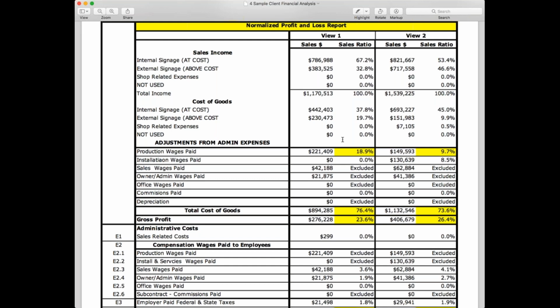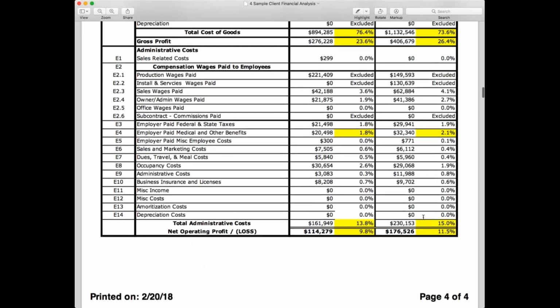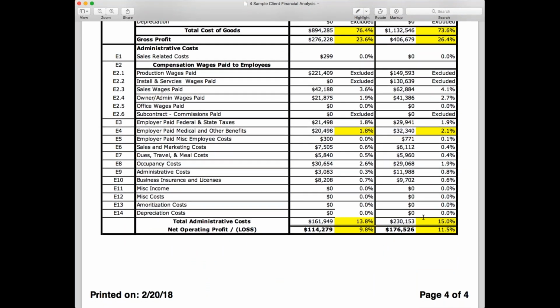Now, I'll just comment very quickly on some of these. Up here at the top is the sales, the cost of goods, their production wages. Notice that came down nicely, but you really have to add the two of these together, and they're virtually no different, 18.2 to 18.9% of sales. Cost of goods, as we talked about earlier, is on the high side, and that's because of the nature of this particular business. These are the normalized expense categories that I talked about.